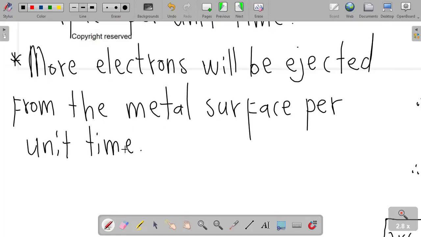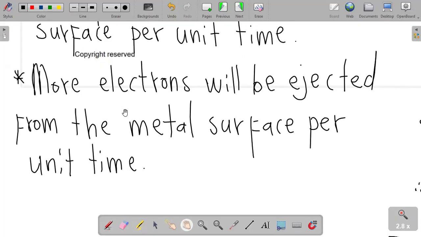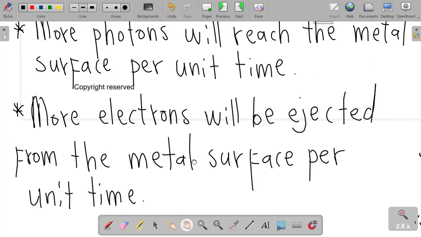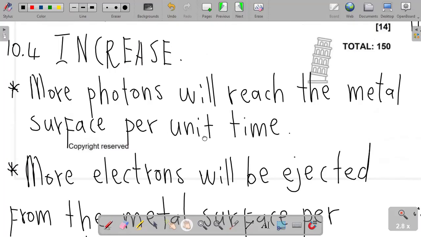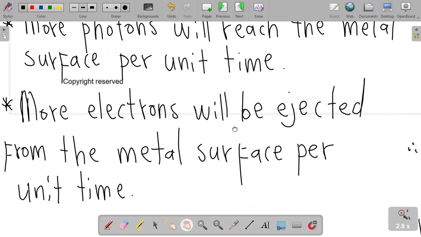So this will lead to an increased current. So it means the current will now increase, because if there are more electrons ejected, there will be a higher current flow. So it will lead to an increase in the ammeter reading.